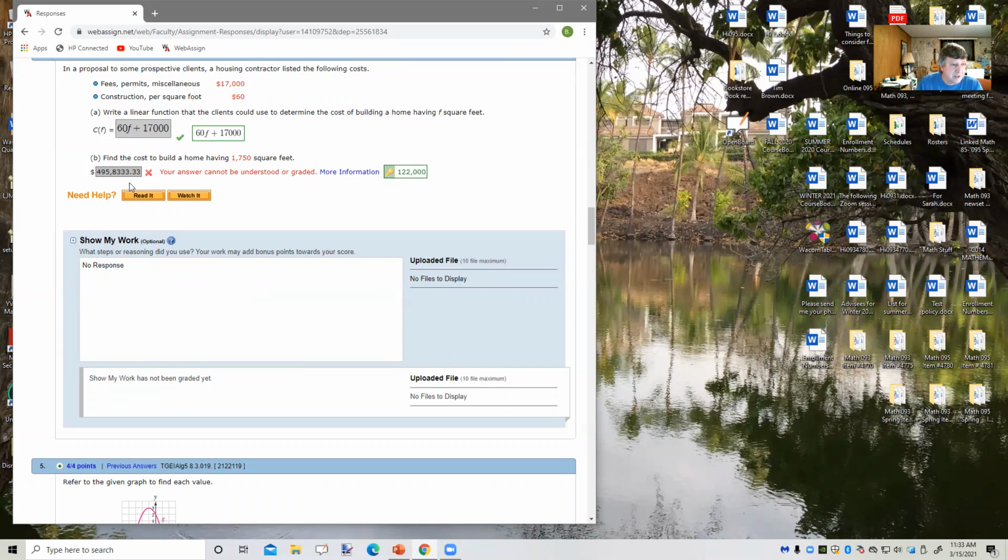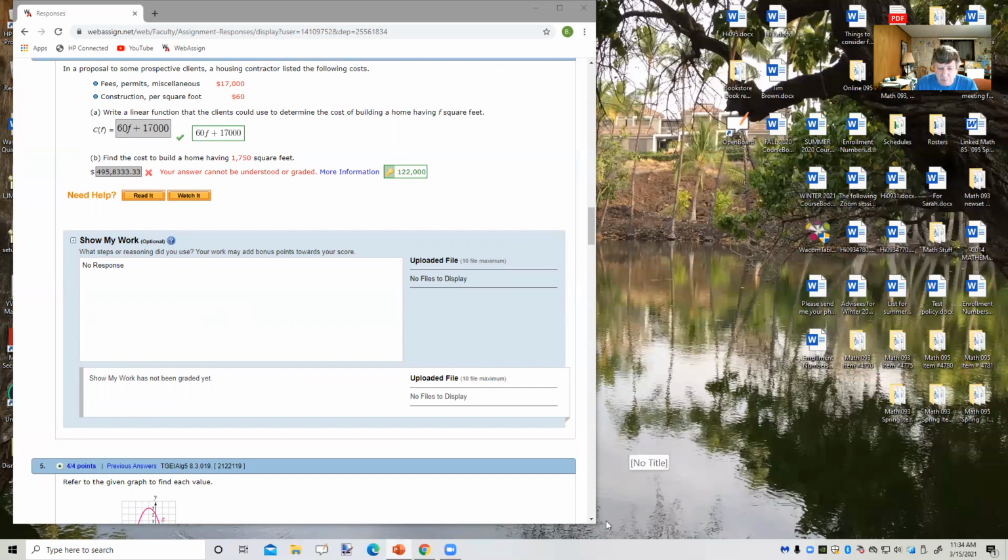Now, part B, it says, find the cost to build a home having 1,750 square feet. So we've got the function C of F equals 60F plus 17,000. We want to find C of 1,750.